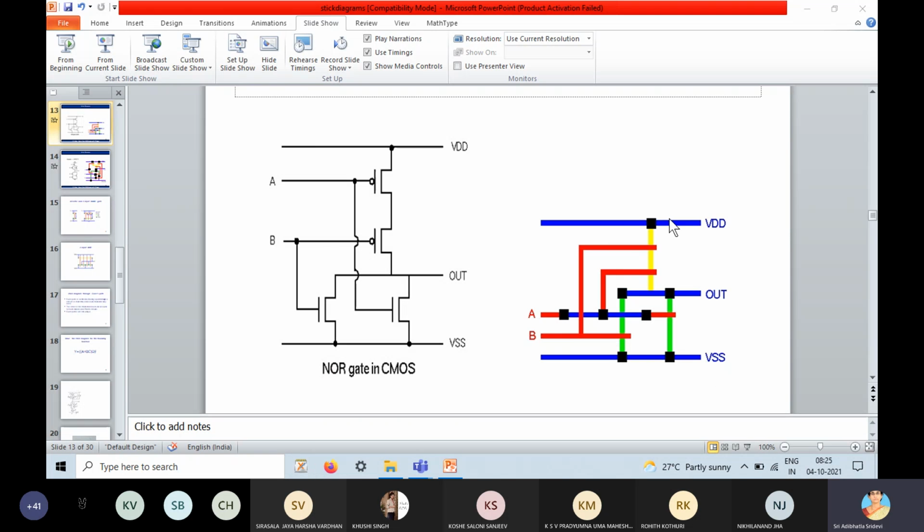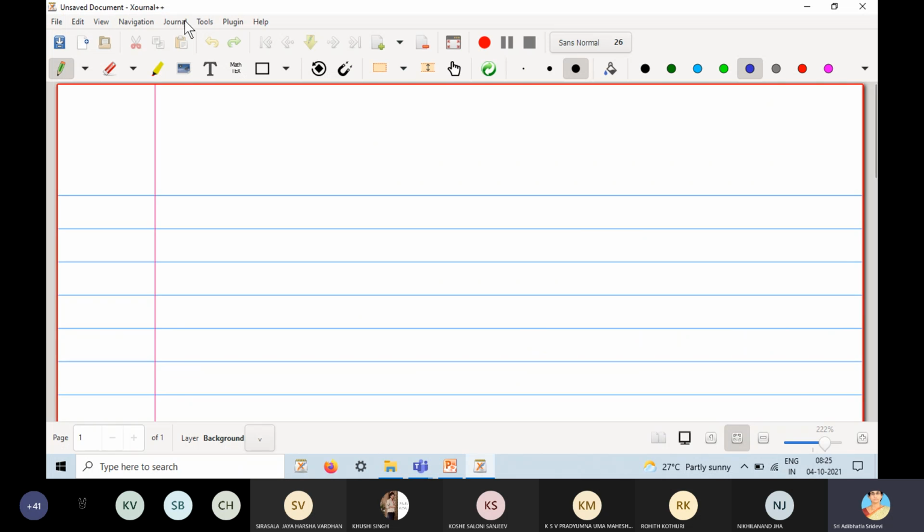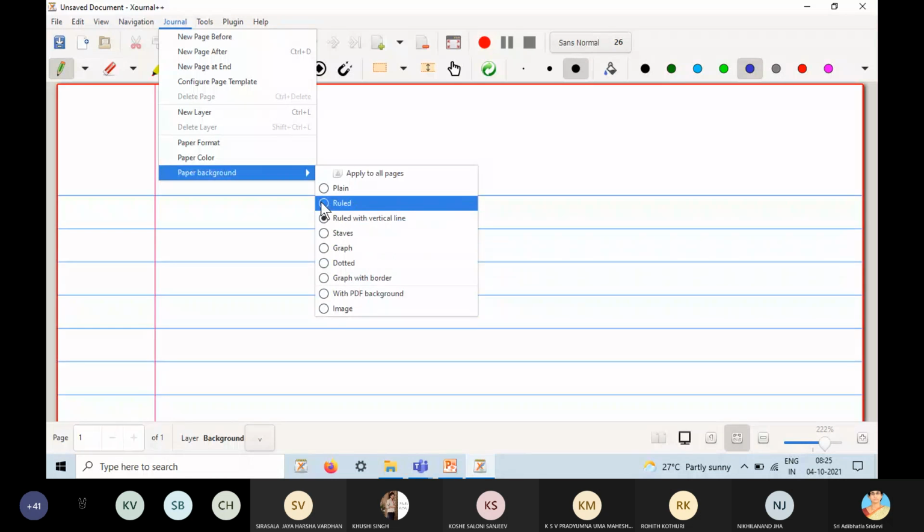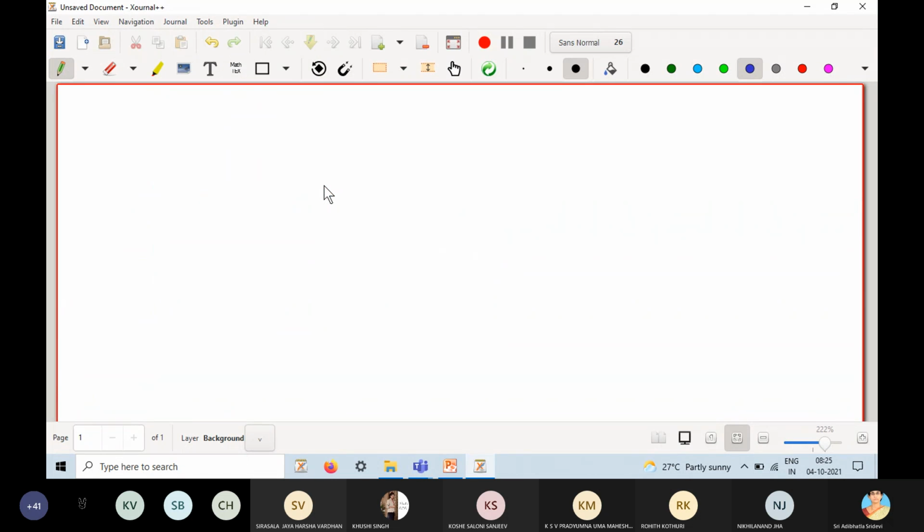Do you understand this stick diagram, how they have drawn it? It's for a 2-input NOR gate. So how do we draw the stick diagram? First draw the metal lines, right?